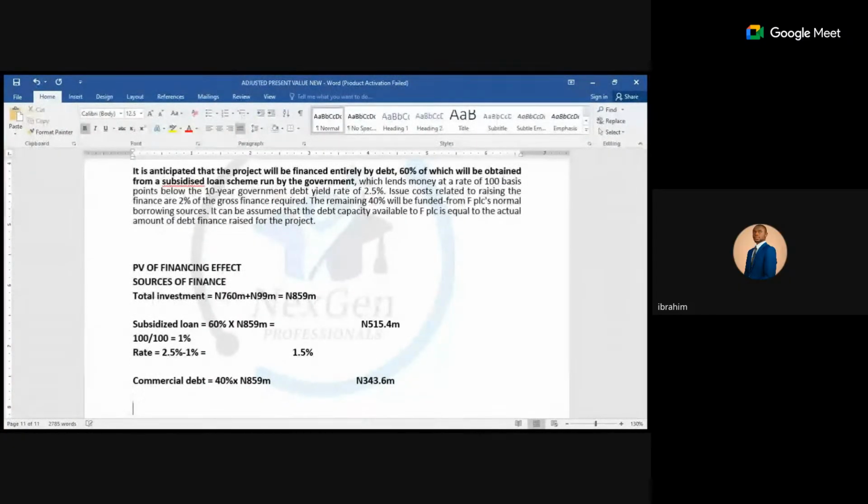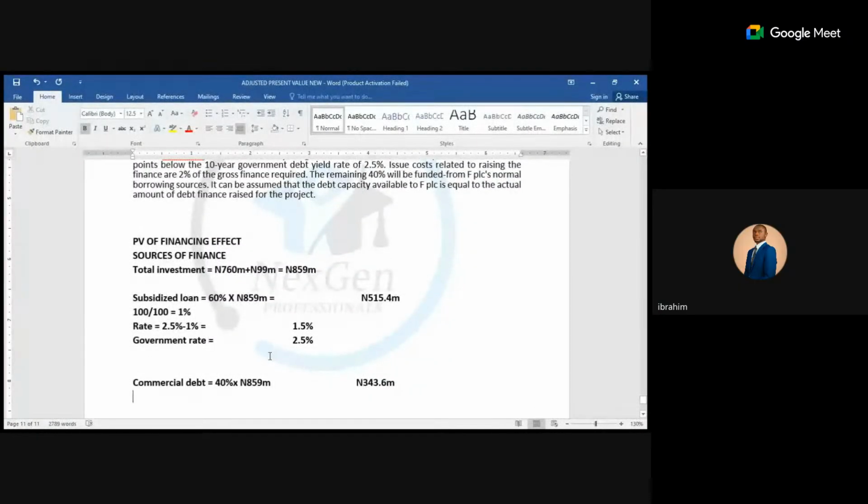Now, we should not forget that the government is giving at government rates, 2.5, but we will subsidize it and give them 1.5, which is below the 2.5.